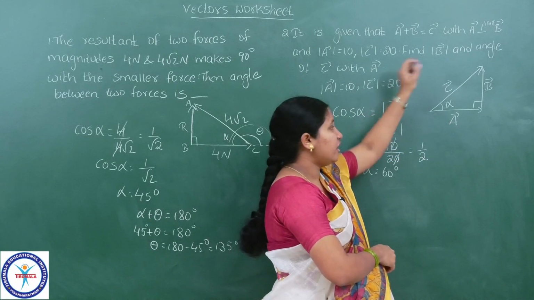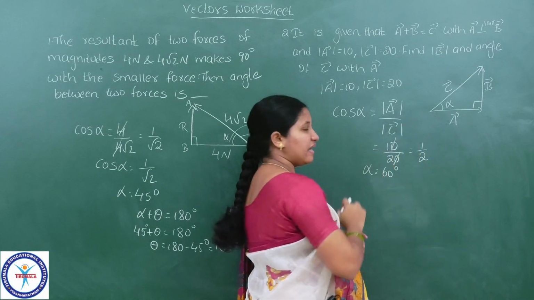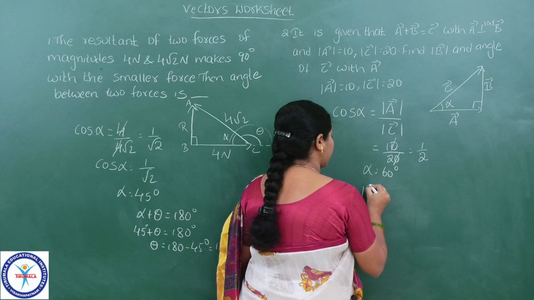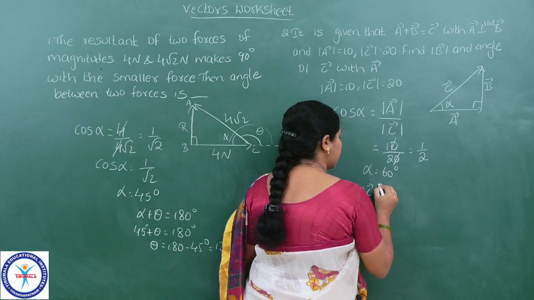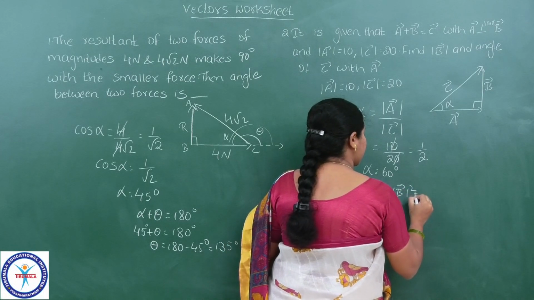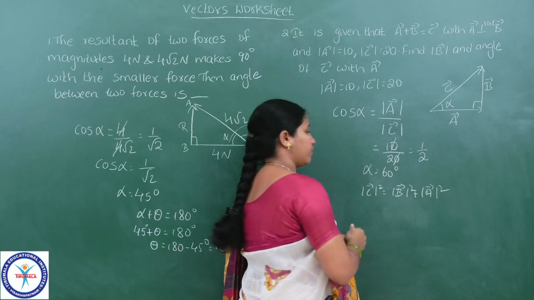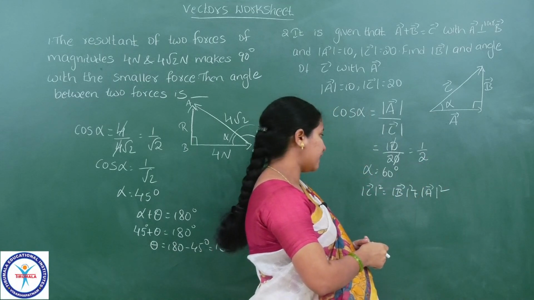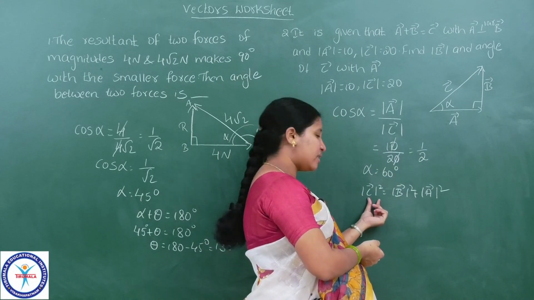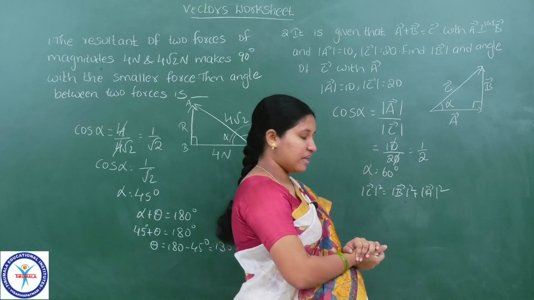And again we need to find the magnitude of B bar. As it is a right angle triangle, by applying Pythagoras theorem, we can write mod C bar square equal to mod B bar square plus mod A bar square.